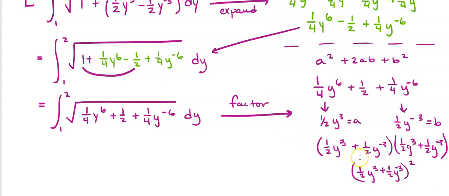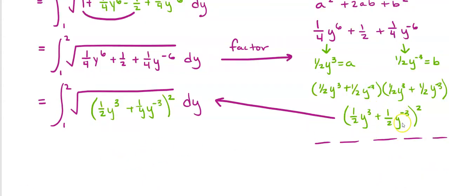So I'm going to take this factored form and replace the long expanded form with this now simple factored form. Because it's just the square root of something squared, we're left with just the insides.